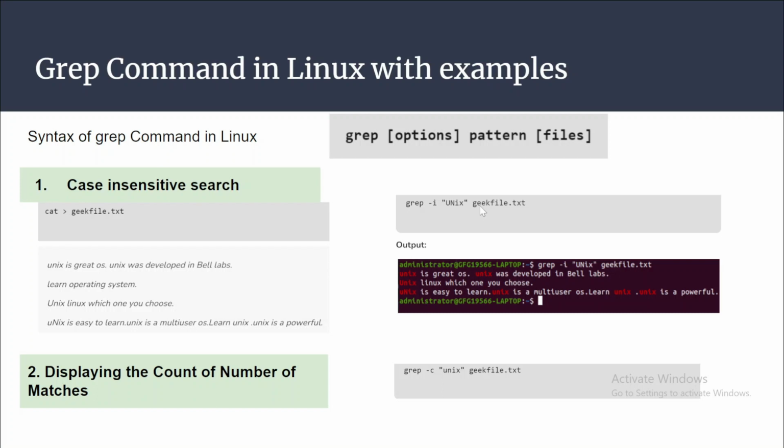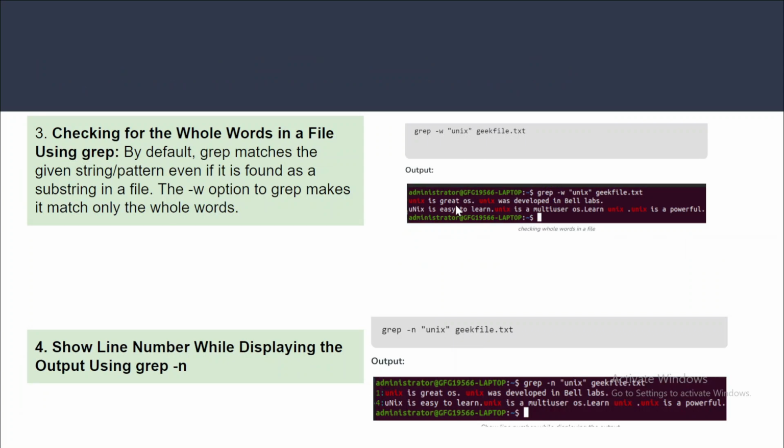If it is a subset of any word, for example the first word is Unix arc something, it will again show in the output because the subset matches the pattern you are looking for. But if you are looking for a complete word, not a subset, you are grabbing the entire whole word, you have to use the option -w. So wherever Unix appears as a whole word, it will come up in the output.